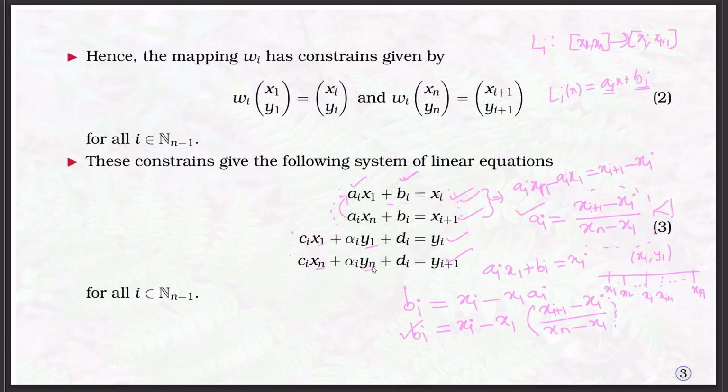We can take them from the data points, as well as yi and yi plus 1 will be given to us. So now we have the constants Ci, Di, and alpha i.